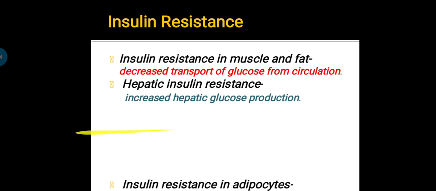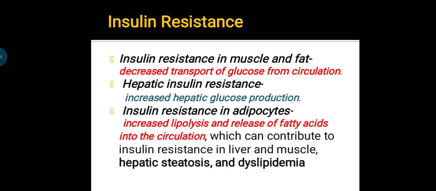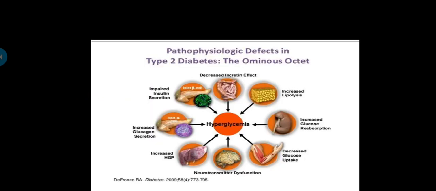Insulin resistant adipocytes also cause increased lipolysis and release of fatty acids into the circulation, and that contributes to insulin resistance in liver and muscle also. As there are more fatty acids, there is accumulation of fatty acids in the liver, so there is a chance of hepatic steatosis and dyslipidemia. So this is the effect of insulin deficiency or resistance. Their insulin level is normal, but it cannot act properly.